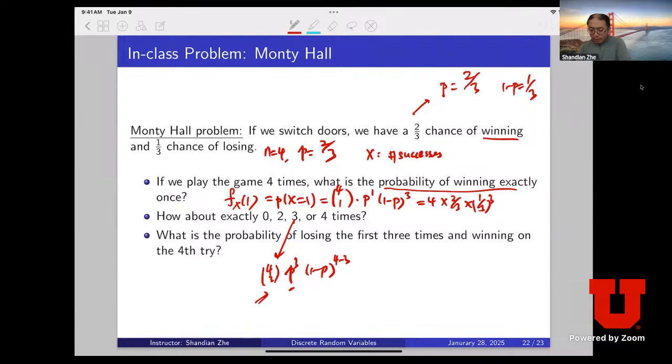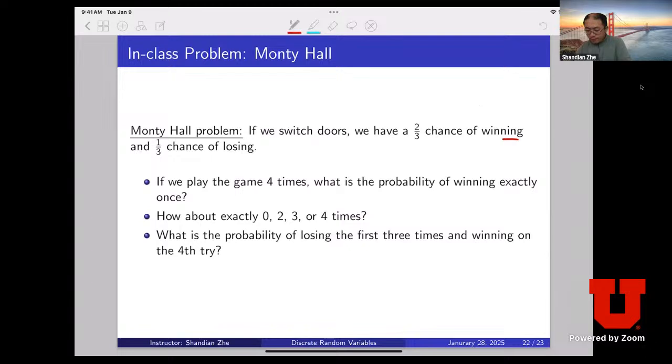Okay, so we want to reinforce our idea of these two distributions through this practice problem, the Monty Hall problem. We did a few in the last lecture. Let's just continue doing this. In a Monty Hall game, we know that as the contestant, if we decide to switch the door, we get a 2/3 chance of winning.